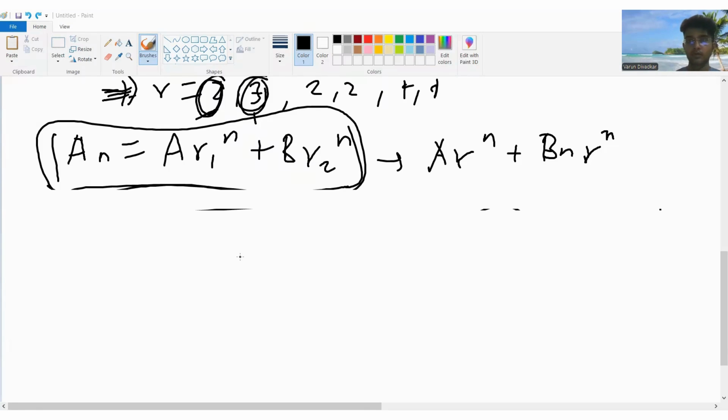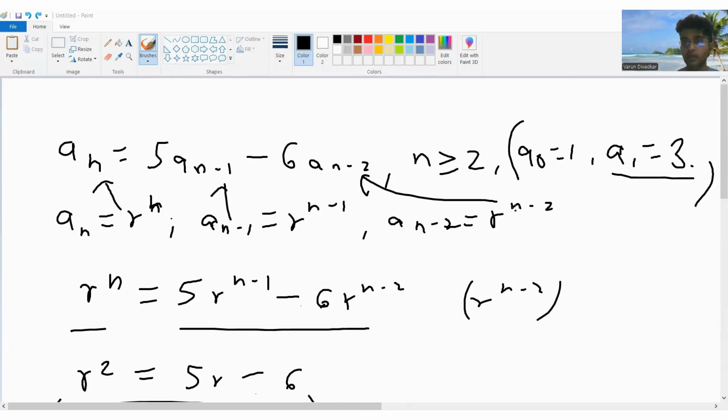So we substitute that. We have a naught equals 1 and a1 equals 3.